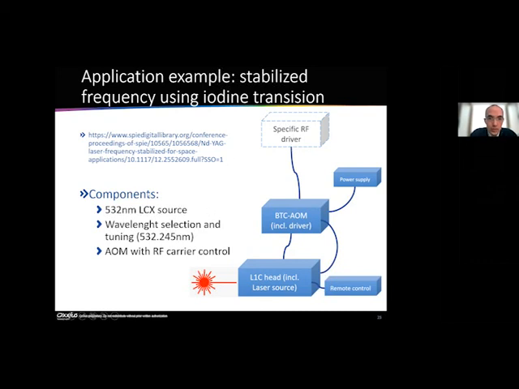The components that will be required for this are a 532 nanometer L1C source that we have discussed, to which will be applied a wavelength selection and tuning, and also an AOM, a specific AOM with a control over the power carrier, so the radio frequency carrier that is powering the crystal of the modulator.